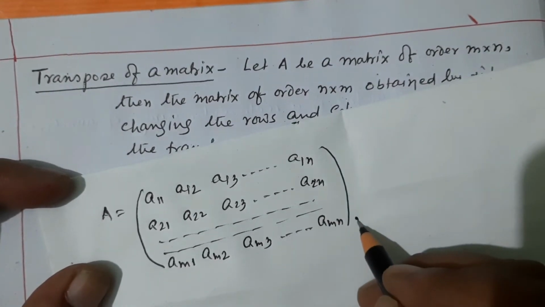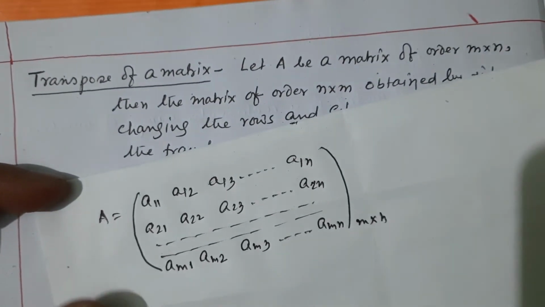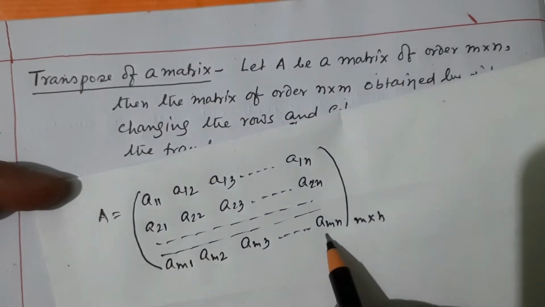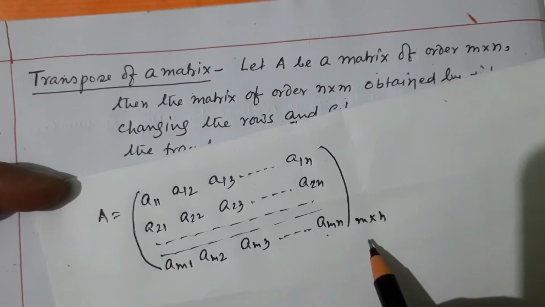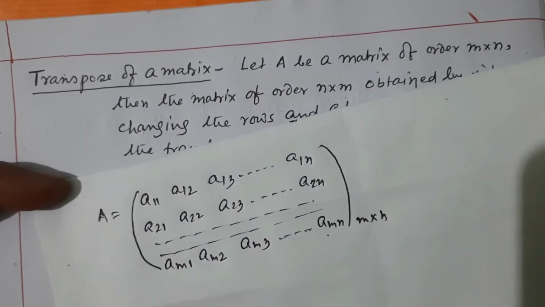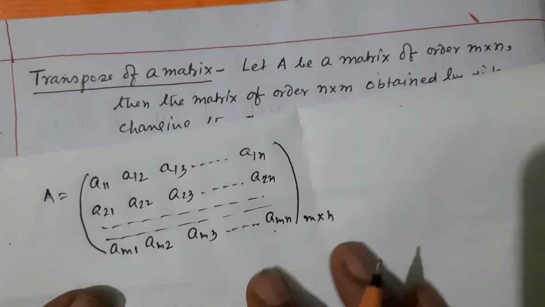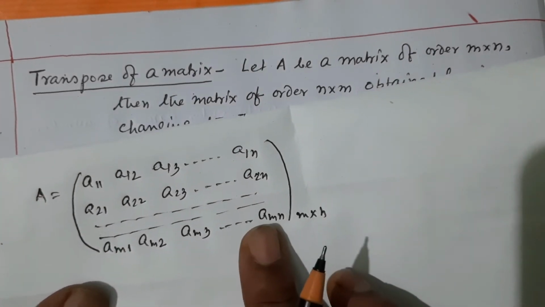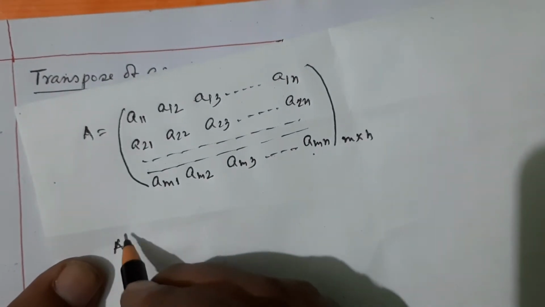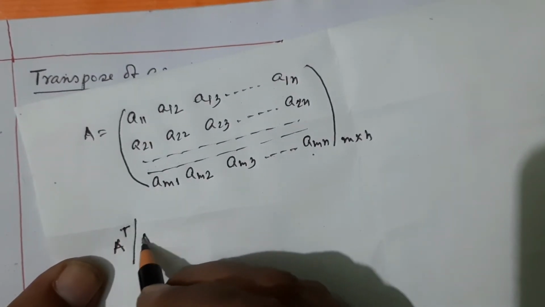This is an m cross n matrix. Here total number of rows is m, total number of columns is n. And if we interchange rows into columns, then we get a matrix, and this is known as the transpose of a matrix, which is denoted as A transpose or A dashed.